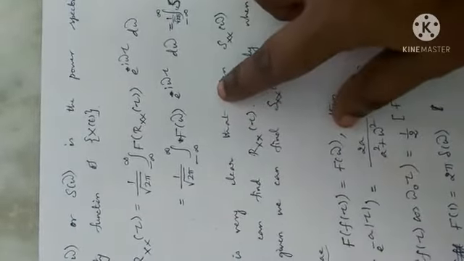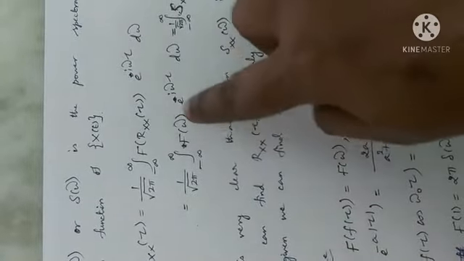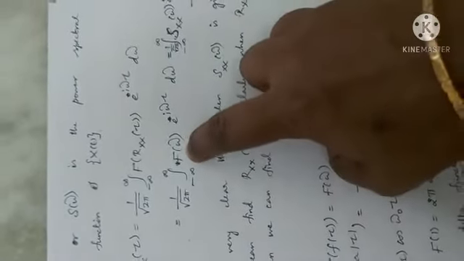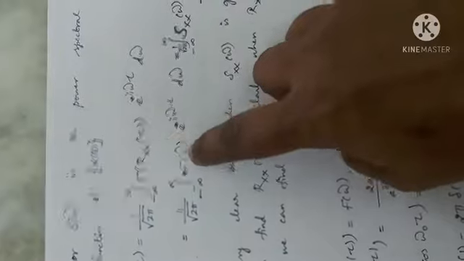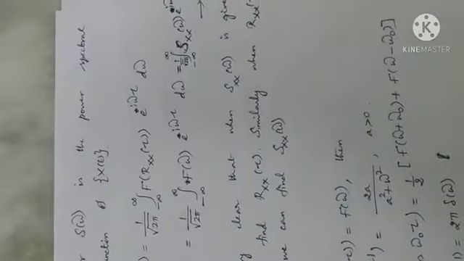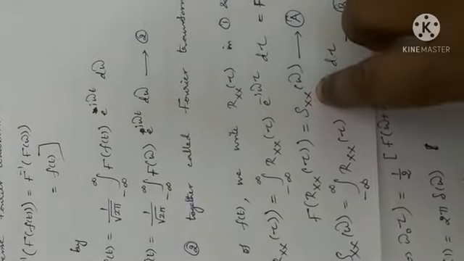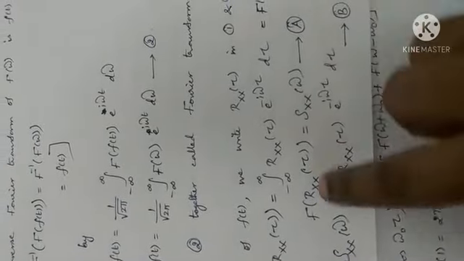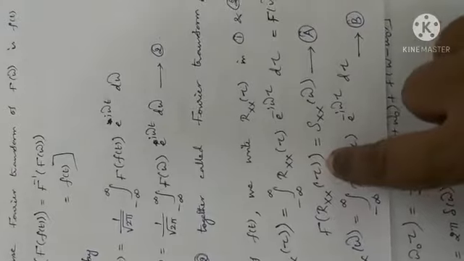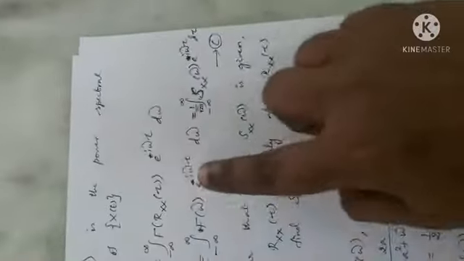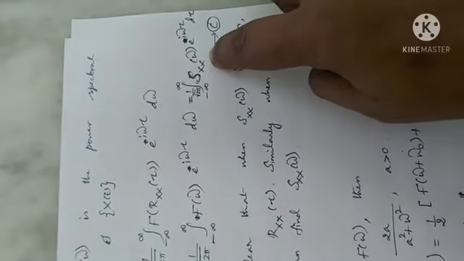So this Fourier transform of rxx of tau can be written as a function of omega, right? This is actually Sxx of omega. Just now I told you the definition of power spectral density. What is the definition of power spectral density? The Fourier transform of the autocorrelation function is the power spectral density.